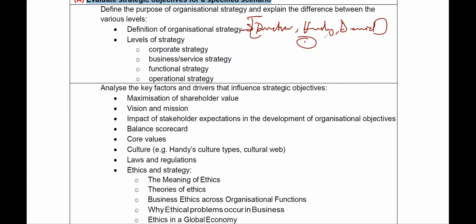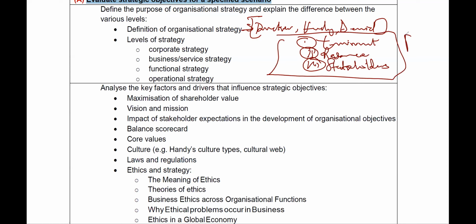One, the environment which you are in, the resources which you have, and finally, the expectation of stakeholders. So this is a summary of the whole strategic analysis. Anytime you want to pass strategy, these are the three main things you should consider: the environment, resources, stakeholders. Know this, because definitely questions are going to come from here.